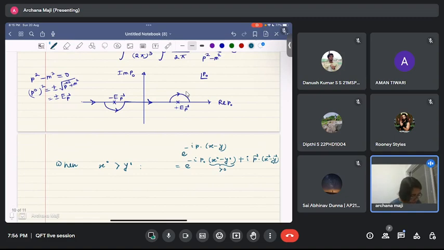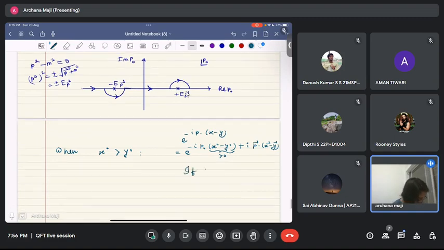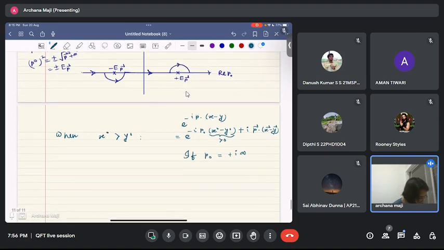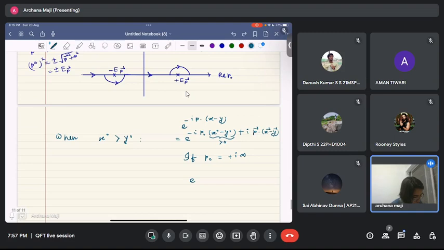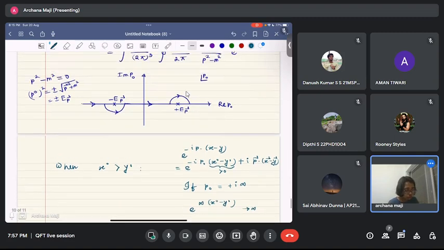If p0 equals plus i infinity, then this term becomes exponential of infinity times (x0 minus y0), which is infinite. So we cannot close the contour in the upper half plane.